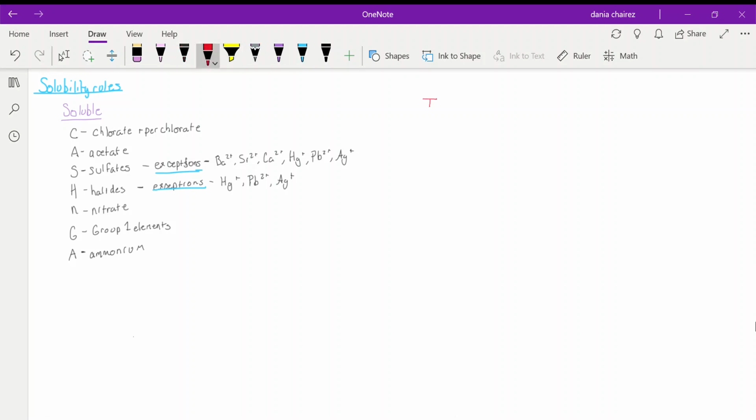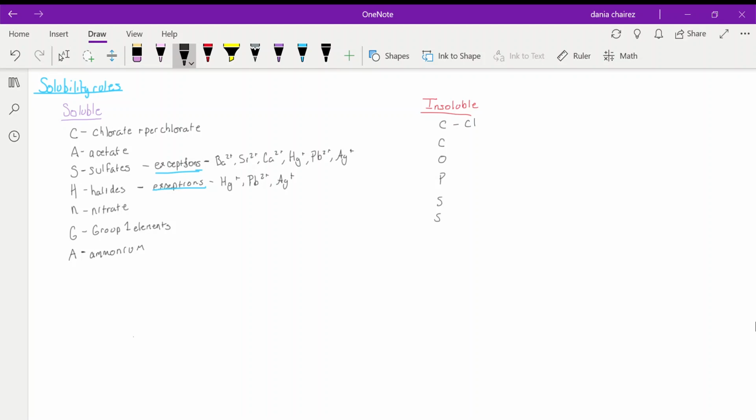So then on the other side, you have your insoluble substances, which this acronym is COPS with 2 C's and 2 S's. I guess it would be pronounced like COPS, but I digress.